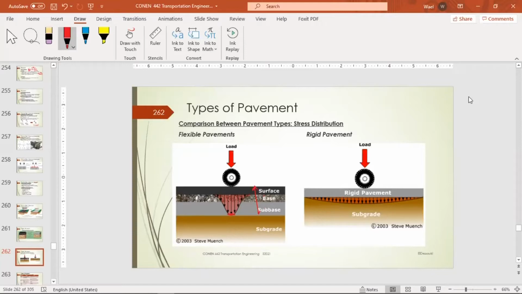So that's one of the major differences. That's why we use rigid pavement for runways. However, especially for the impact of the aircraft when it's making touchdown on the runway, in the taxiways you can see that in some cases they use flexible pavement.